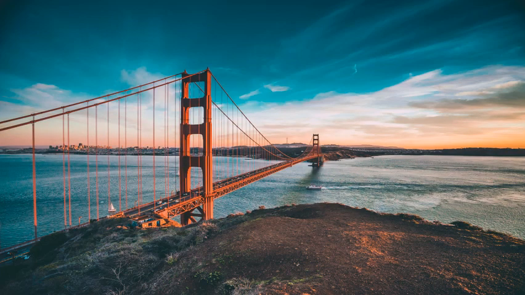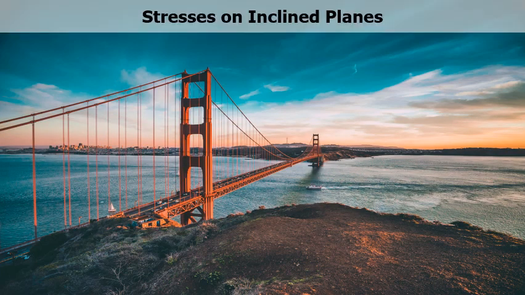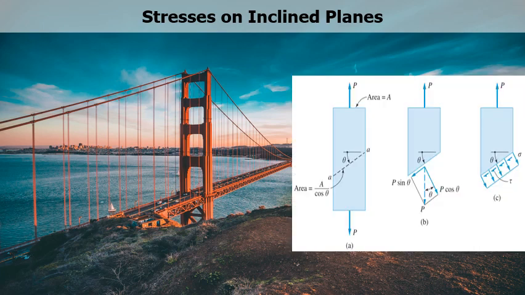Let's have a rundown of the concept of stresses on inclined planes. Stresses on inclined planes occur when the cross-sectional area being considered is neither along the horizontal nor along the vertical, but rather it is inclined to an angle theta, just like what's shown in figure A. Plane AA is inclined to an angle theta with the horizontal.